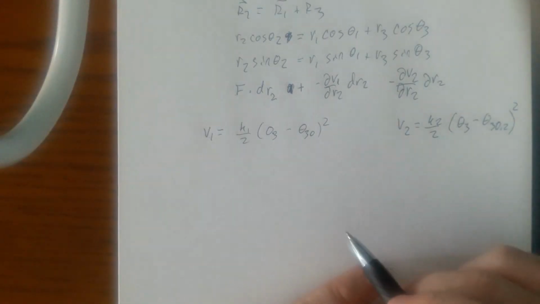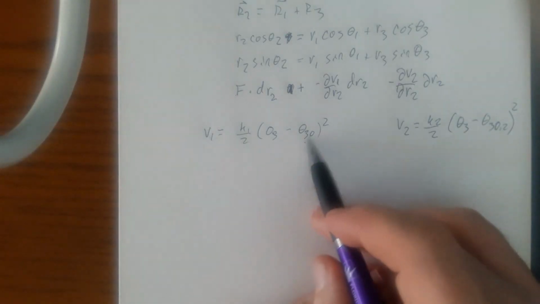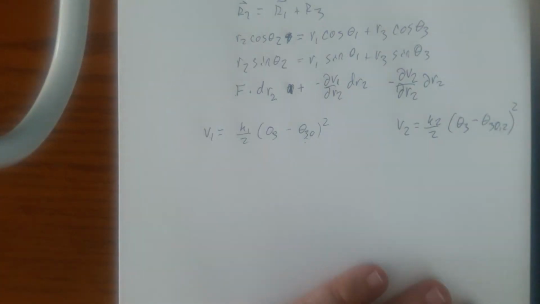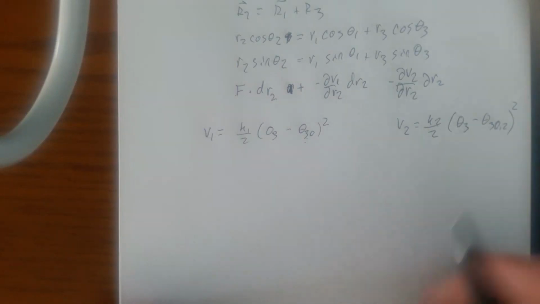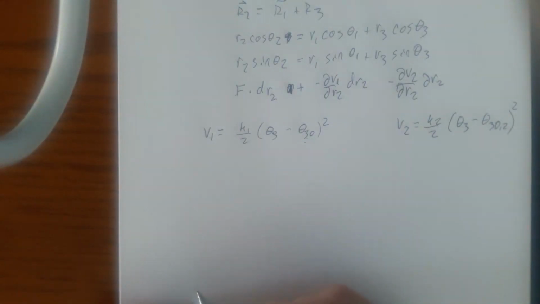And so those will probably be complementary angles, this theta 3 and that theta 3 naught, for your starting position, because it's going to be associated with that angle and that angle, and how they change from those positions. But the change is going to be associated with theta 3.